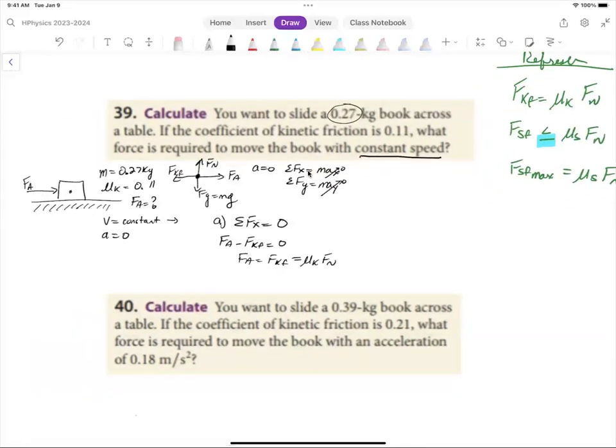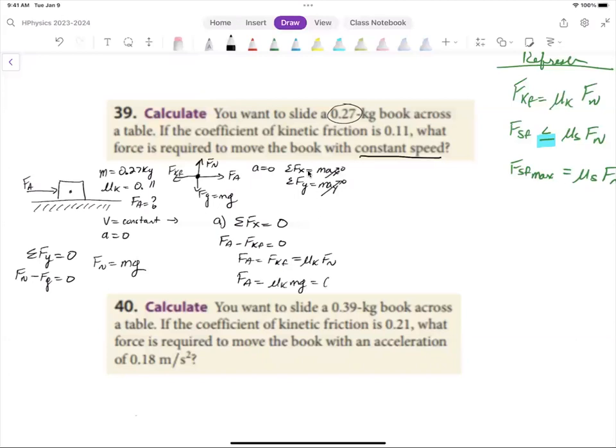Well, they didn't give me the force normal in the problem, so I've got to solve for force normal. I can sum the forces in the y direction. They all add up to 0. I have one positive, I have one negative, and we will find that force normal is equal to force of gravity, which is mg. So force applied is equal to mu k mg.